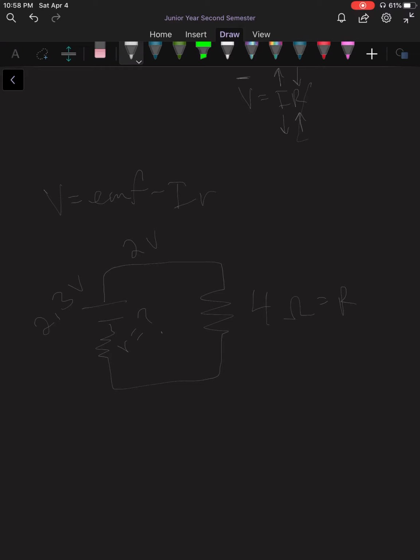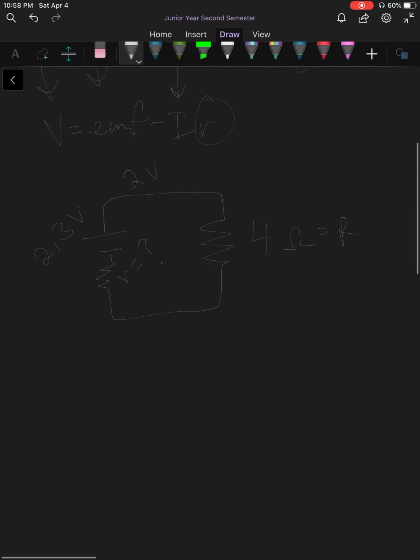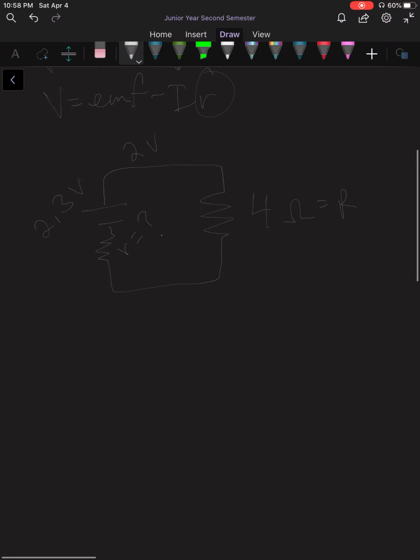Okay, so now when we're going about this problem, we have to find what the total current of the system is, and then we can use that. We have our terminal voltage, we have EMF, then we can find our internal resistance of the battery. So we're just going to use Ohm's law, V equals IR, since we're trying to find the current.